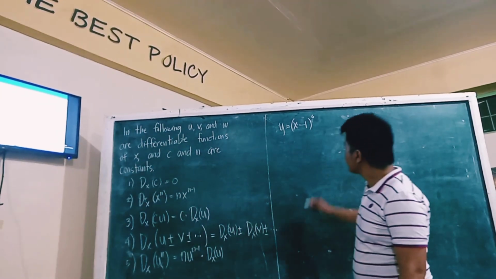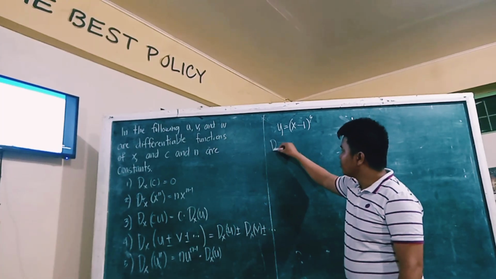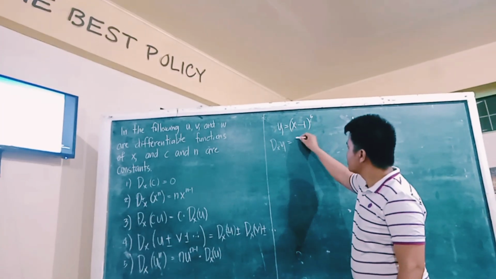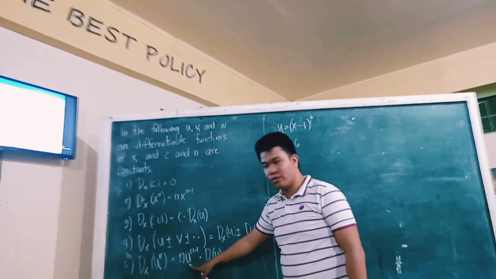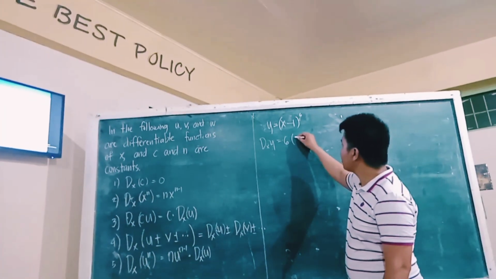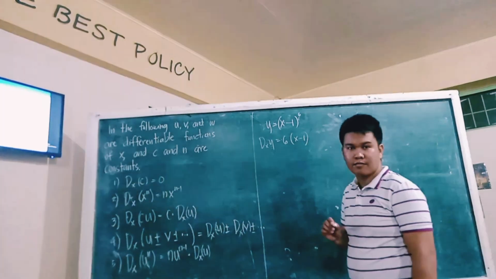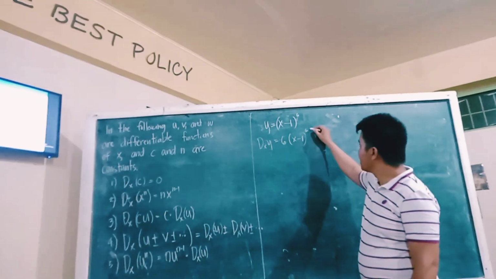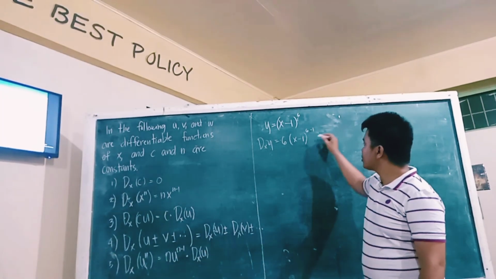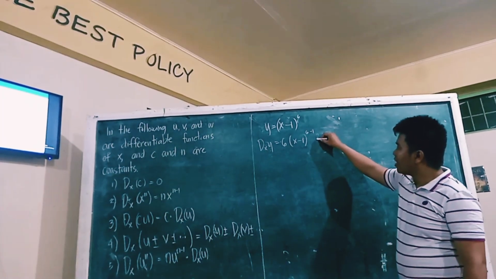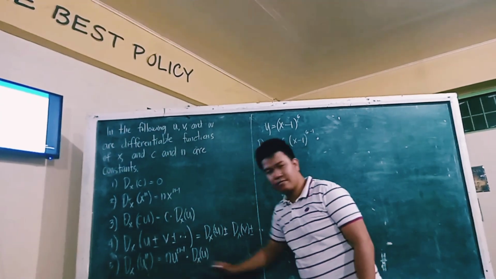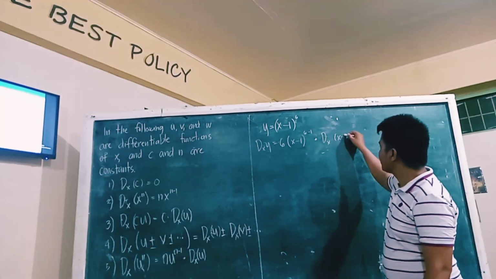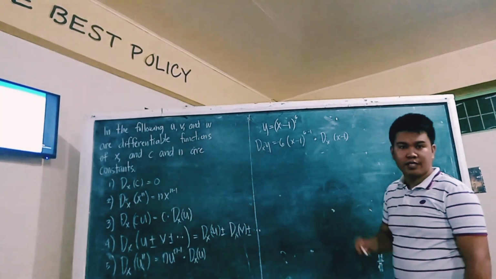So since n is equal to 6, the derivative of y is equal to 6 times u. What is u? Our u here is x minus 1. And then we have n minus 1, so we have 6 minus 1, times the derivative of x minus 1, since our u is x minus 1.